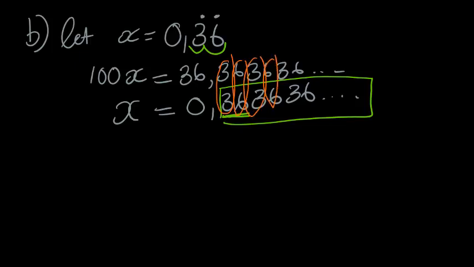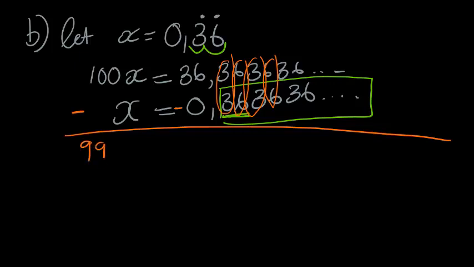So I am going to say 100x minus 1x is going to be the same as 36.363636 recurring minus 0.363636 recurring. So in order to do that, I'm going to say 100x minus x is 99x, which is equal to 36, because this cancels out with that.